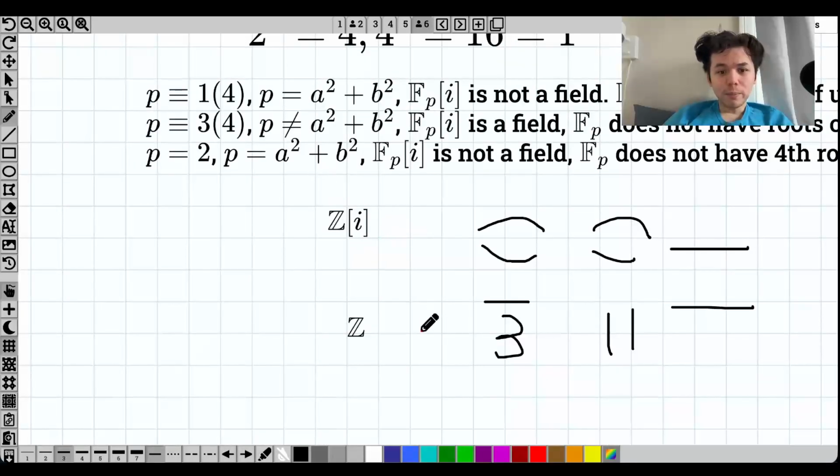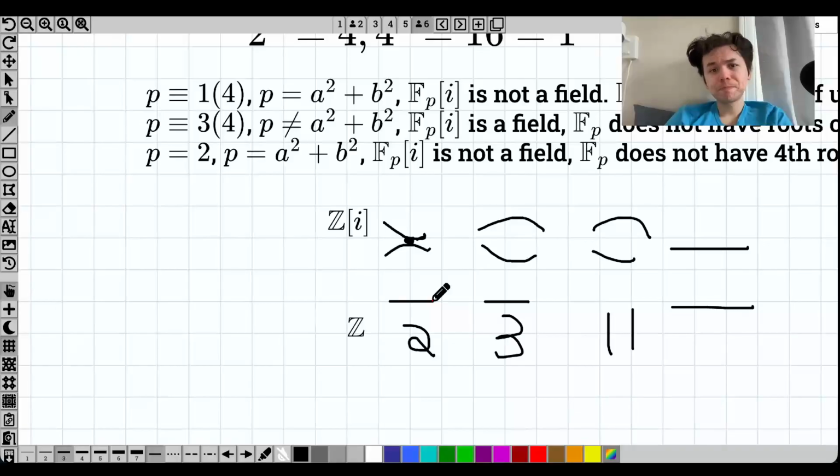And for 2, which is a special case, it's like z squared. It's like this special type of singularity. So it's a double point, like this, mapping down. It's what's called ramification.